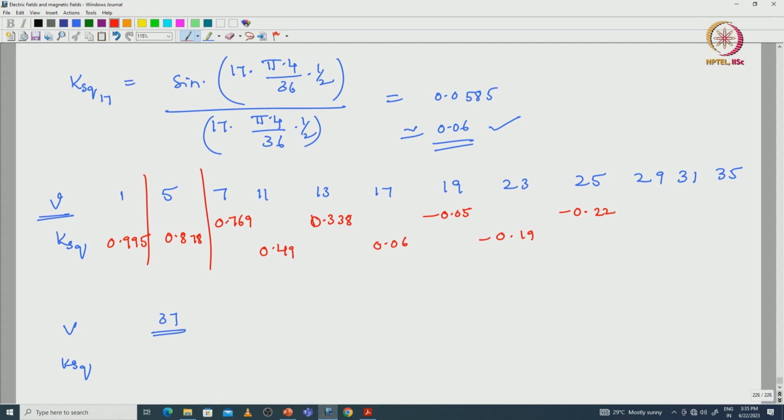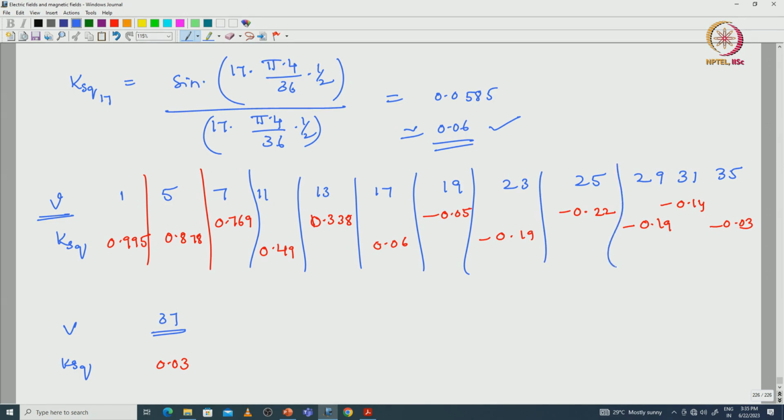Same way for all other harmonics I have calculated already, that is why I am noting them down as they are. For the 37th harmonic it is 0.03. These are the harmonic orders and skewing factors.